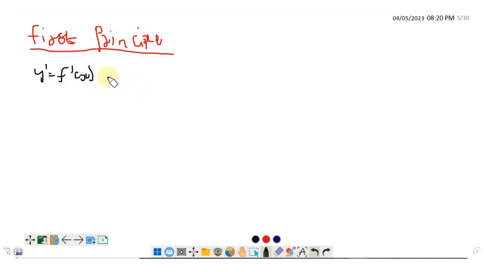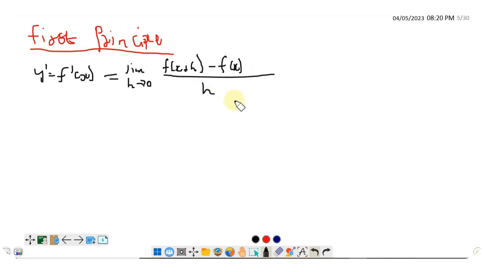The derivative is equal to the limit as h approaches 0 of f of x plus h minus f of x, all over h, right? So this is a gradient, guys.